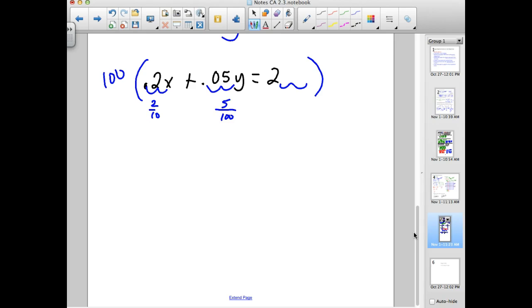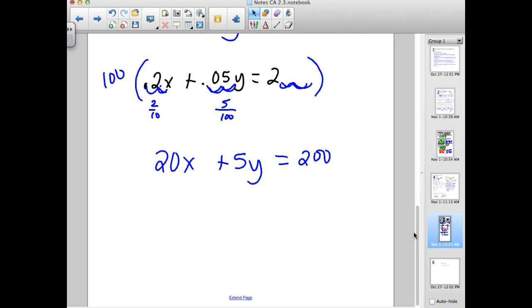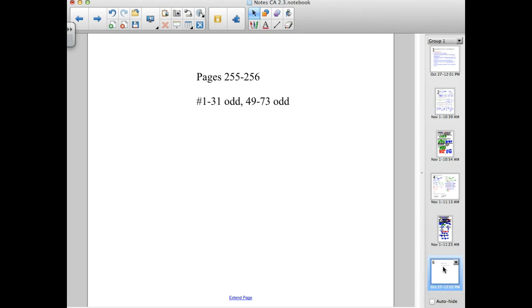Okay? And this one had the most decimal places, 2. That means I need to multiply by something that has 2 zeros, or 100. All right. Moving my decimal 2 places moves it past the 2 and then 1 more, so that becomes 20x. This becomes 5y, and this becomes 200. Okay? So anytime you have fractions and decimals in an equation, you can get rid of them. All right. So you guys are going to do 1 through 31 odd and then 49 to 73 odd.